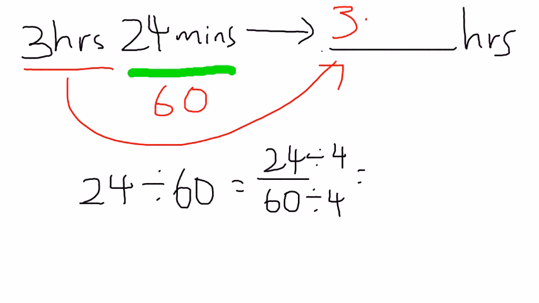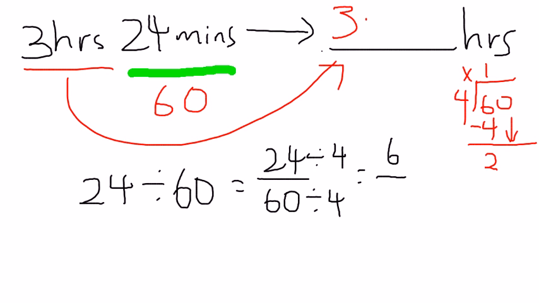24 divided by 4 will give you 6. Now 60 divided by 4. Some of you might know the answer, some of you might still need to do your working, so don't worry, let's do the working together. Start from the first number, 6. 6 divided by 4 is 1. 1 times 4 gives you 4. 6 minus 4 is 2.